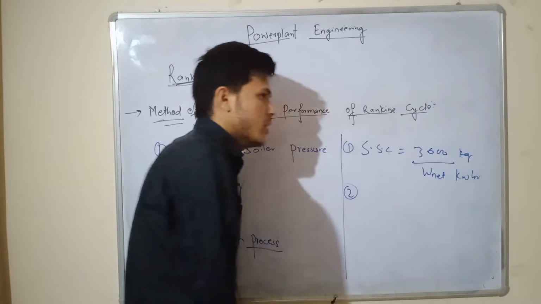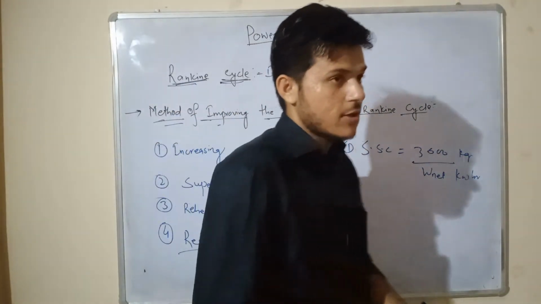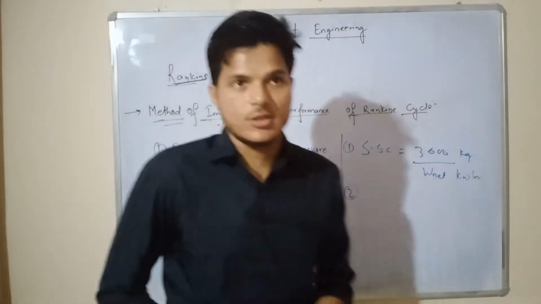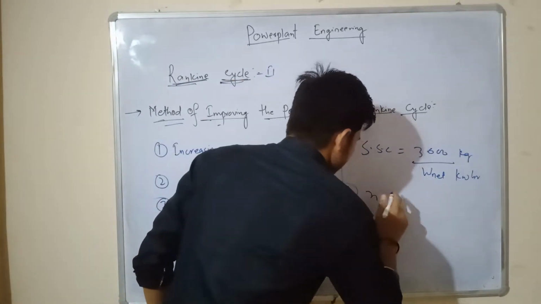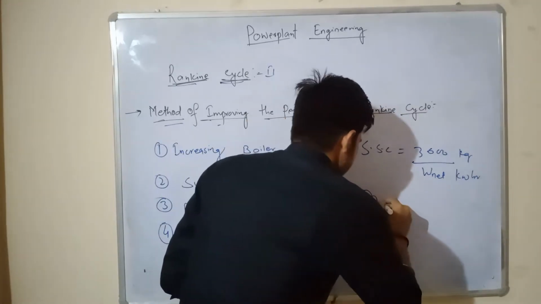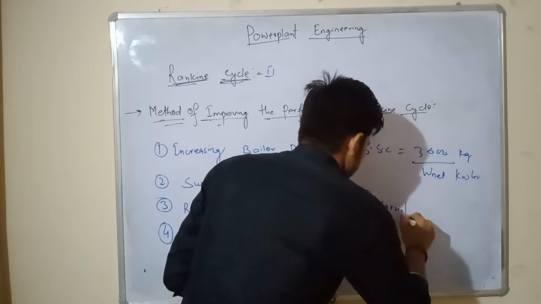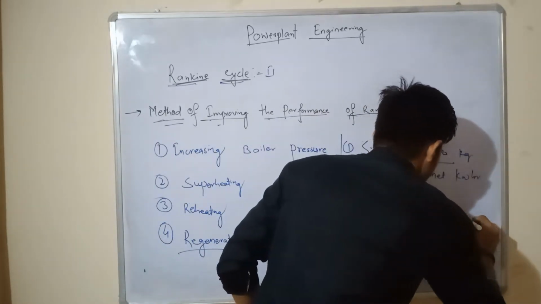Second is efficiency. We already know that the efficiency of the Carnot cycle is maximum compared to the efficiency of the simple Rankine cycle. The efficiency of Carnot is greater than the efficiency of a Rankine cycle.